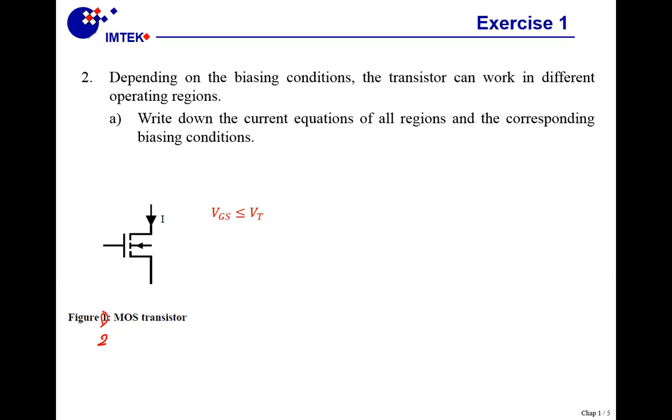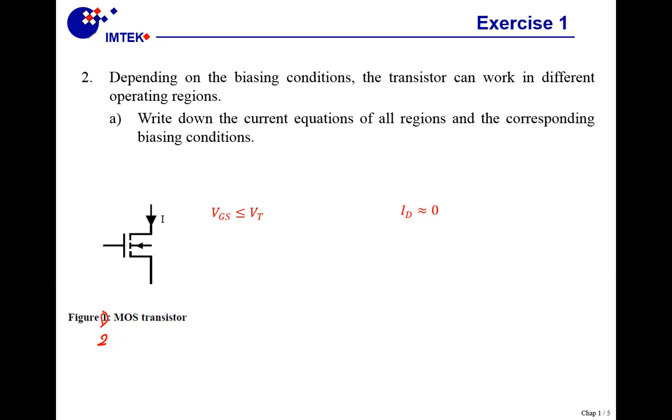At least for the scope of this class, that means our transistor is off, so nothing is happening, and therefore we assume for the microelectronics class and possibly also for the analog CMOS class that the drain current is equal to 0.